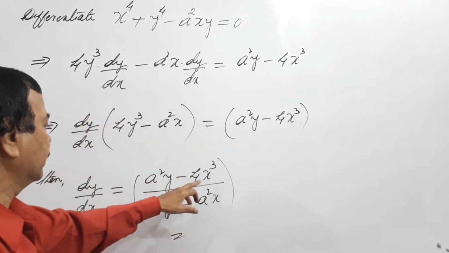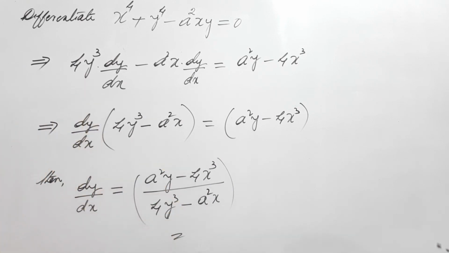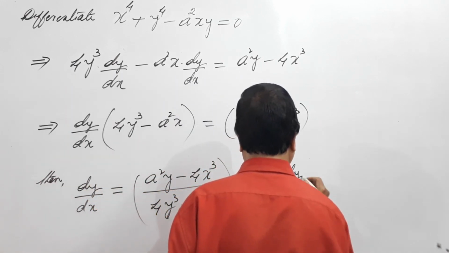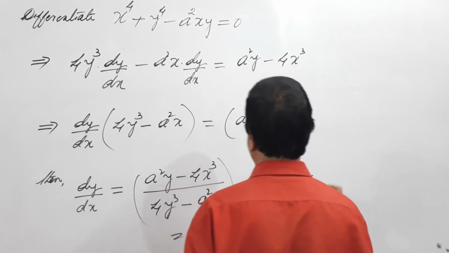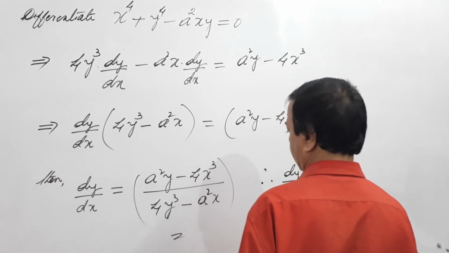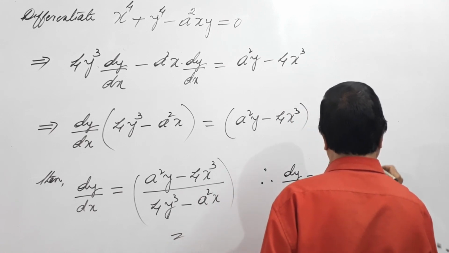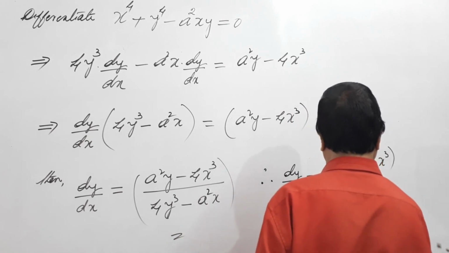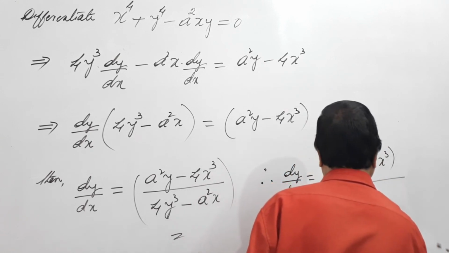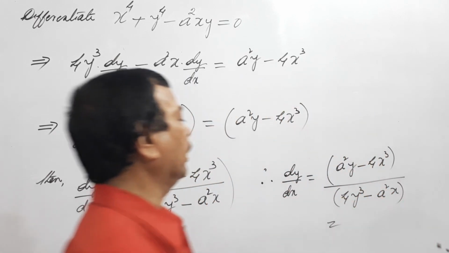So I had written it wrongly, so change that. Yeah, this is a. Therefore dy by dx equals to a square y minus 4x cube divided by 4y cube minus a square x. This is the required answer.